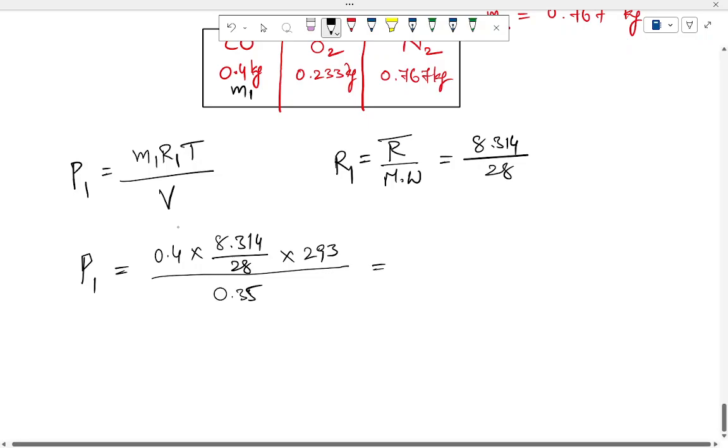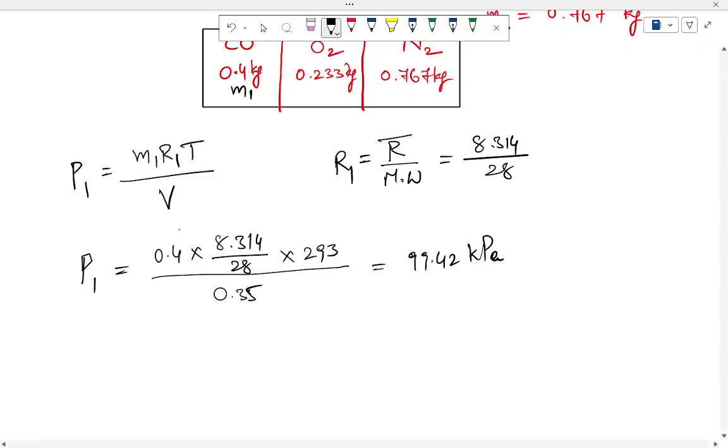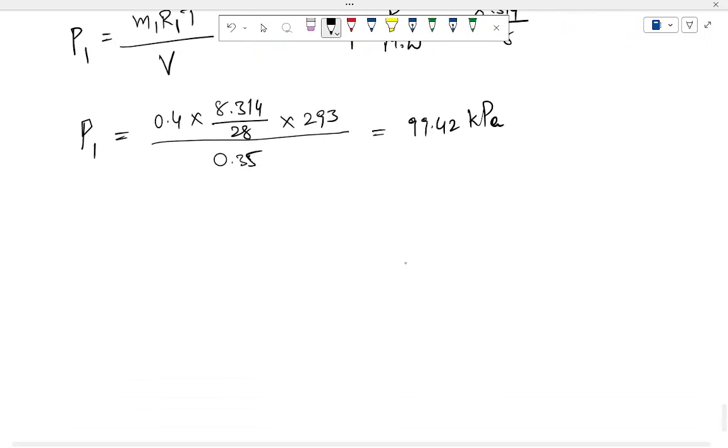So that will give me the pressure of carbon monoxide, which will be equal to 99.42 kilopascal. I made this calculation in my calculator, so you can do it in your calculator and you will get it. So similarly you can do it for P2.